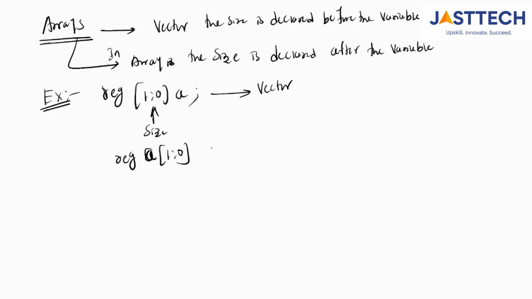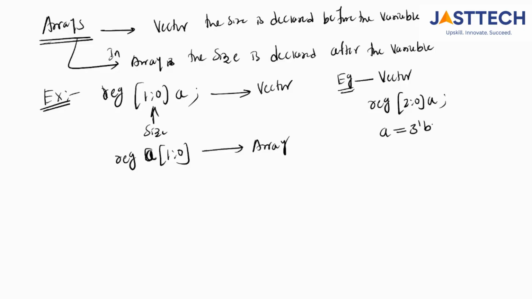This is nothing but an array. For a vector example, reg 2 down to 0 a, a equal to 3'b011. This is 3 bits, 0 1 1.